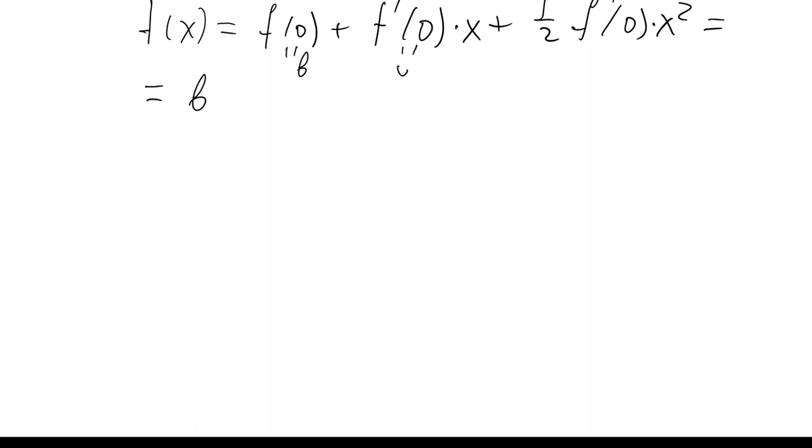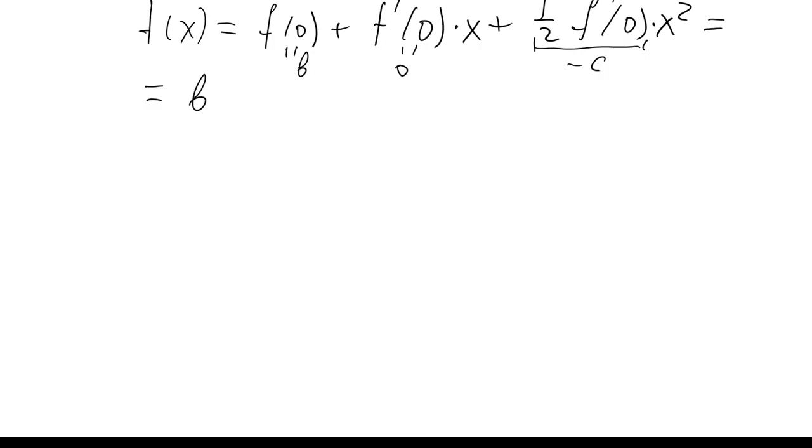So the first derivative is 0, so the second term disappears, and this we will denote by minus c, because the second derivative is negative for function f. You remember it has a maximum at 0, so the second derivative of function should be negative.